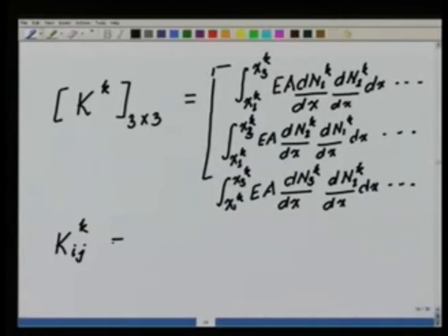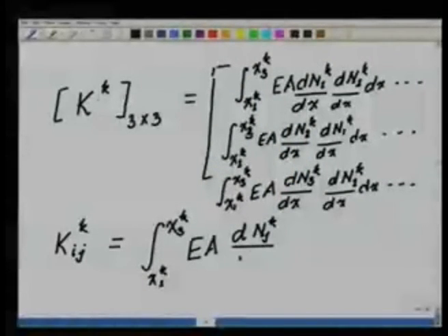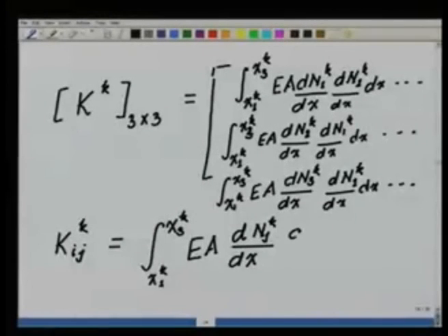This will be equal to integral x1 of k to x3 of k of EA d njk dx d nik dx.